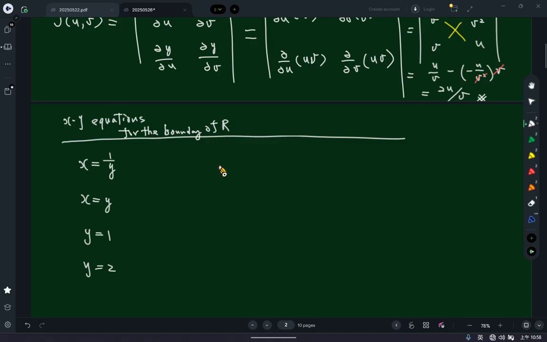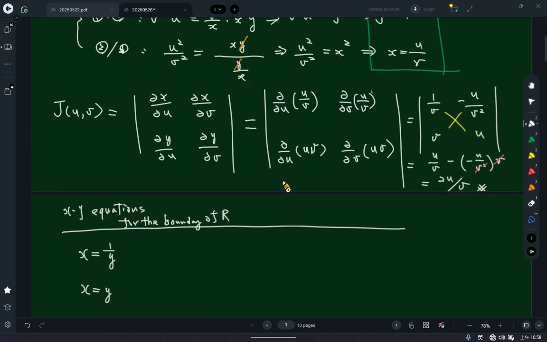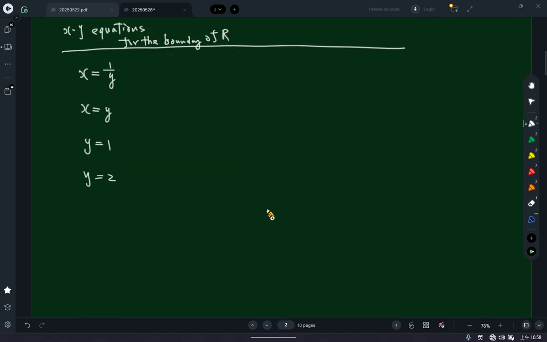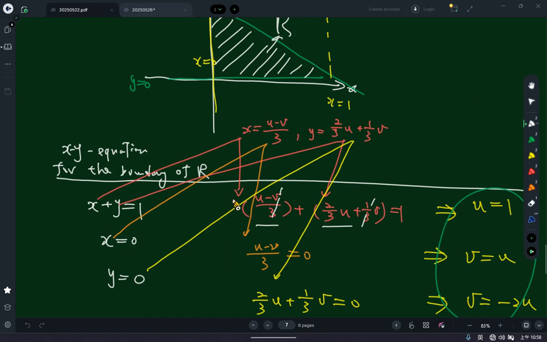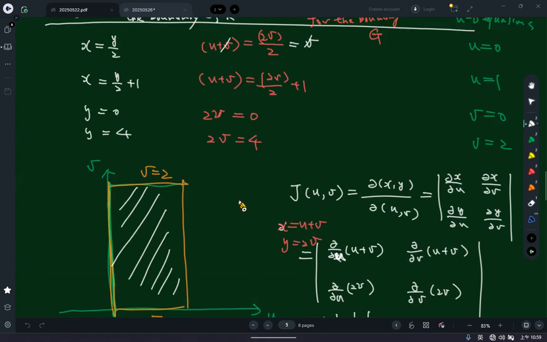Then we try to get its corresponding. So just like here, we also need to make a table like this one.